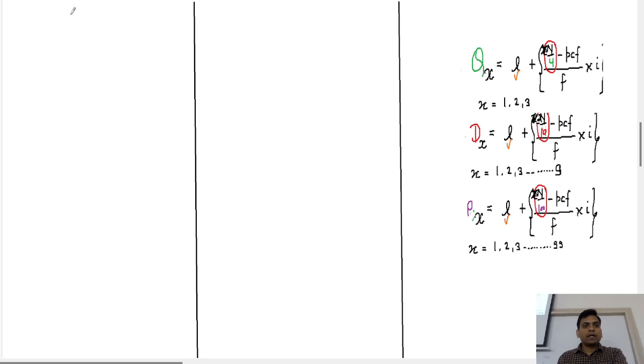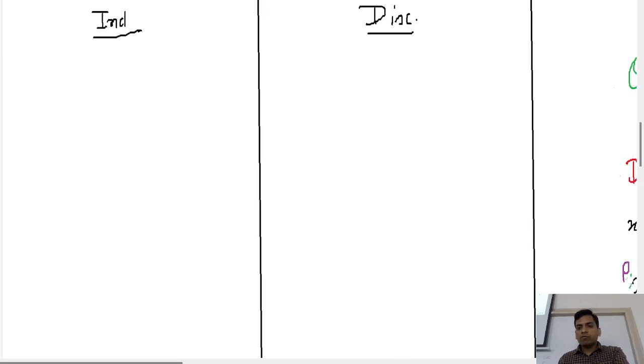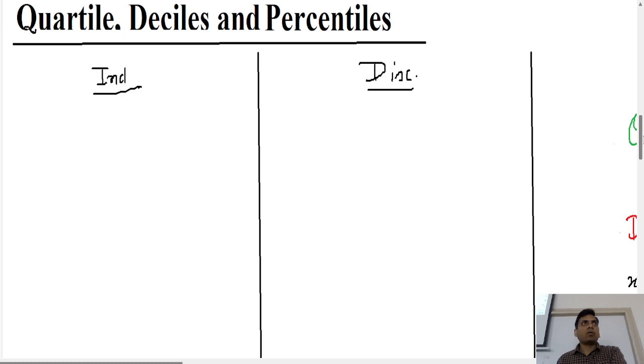So 3 categories again. First is for individual, second is discrete, and third is continuous. So this is continuous. Okay, so now we will see the formula for individual and discrete type of data.